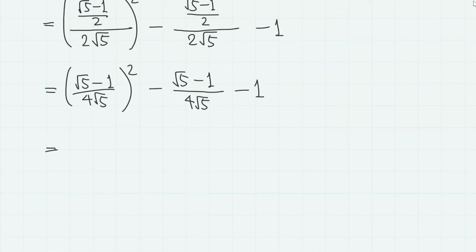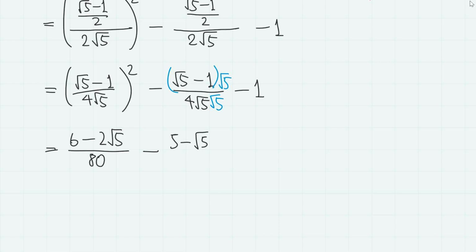So the first term gives (6 minus 2 square root of 5) divided by 40. And for the second term, by rationalizing the denominator, we have (5 minus square root of 5) divided by 20, so this minus 1. And notice that we can divide by 2 here, so it is (3 minus square root of 5) divided by 40.